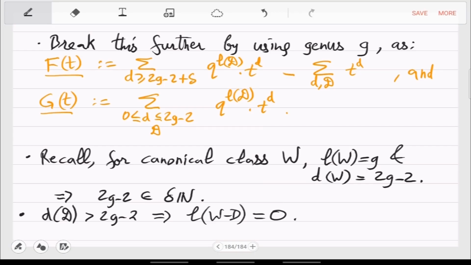So there is no function whatsoever in the L sheaf, which means, what about L of D?